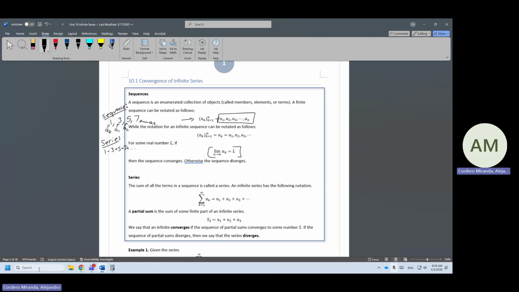It's where that pattern is headed to. And they say that if it has a limit, then the sequence converges. Otherwise, it diverges. More on that to come later, but you've heard those words before in improper integrals, unit 6.